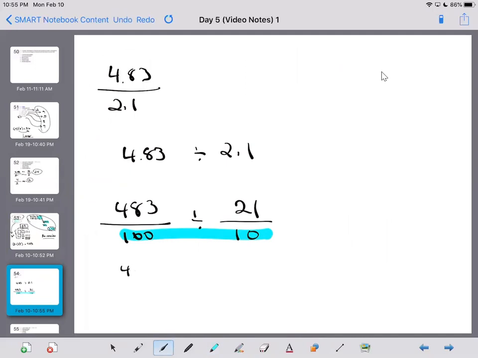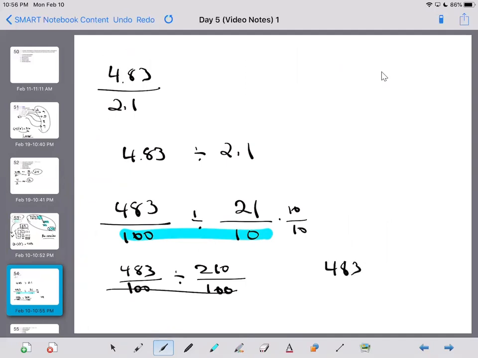So 483/100, what would I have to multiply 21/10 by? I'd have to multiply it by 10. So 210 divided by 100. 21 times 10 is 210. 10 times 10 is 100. So what's 100 divided by 100? That goes to 1. So you're left with 483 divided by 210.